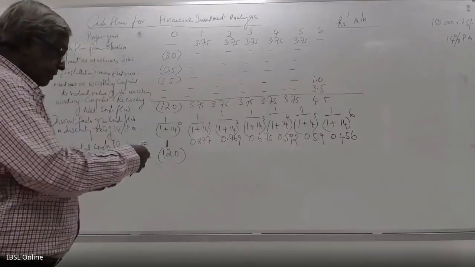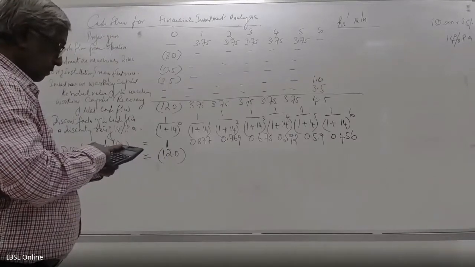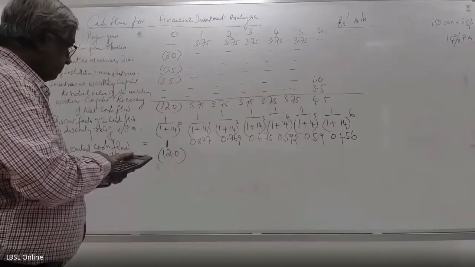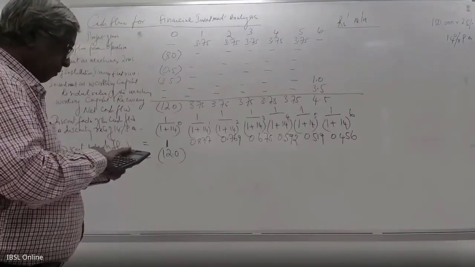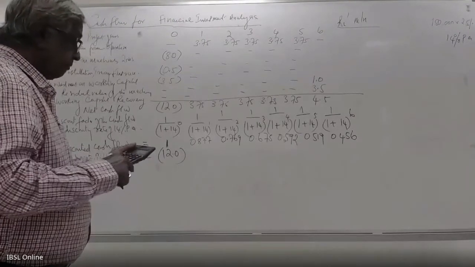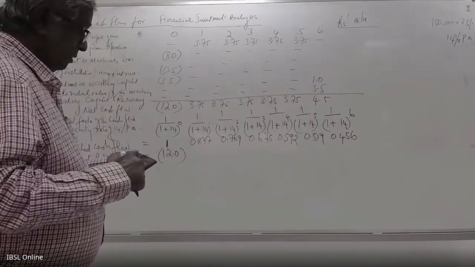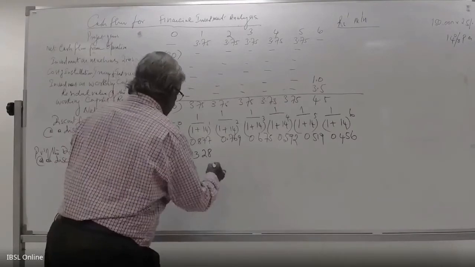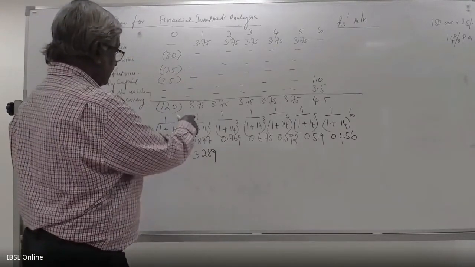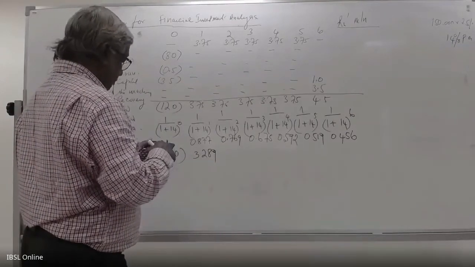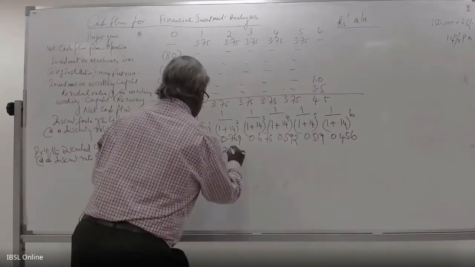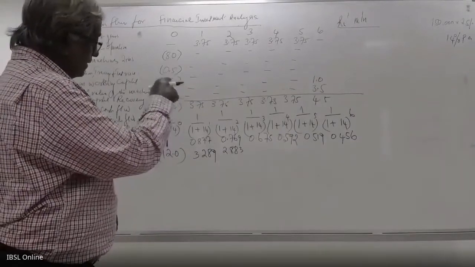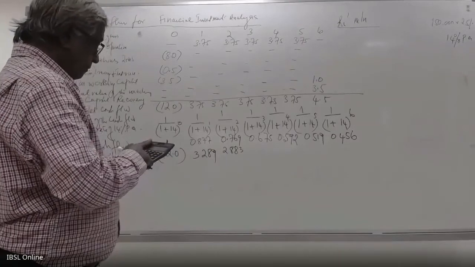Now the other thing, 3.75 into 0.877 is 3.289, so I make it as 3.289. Then 3.75 multiplied by 0.769 is 2.883, then 3.75 multiplied by 0.675 is 2.531.